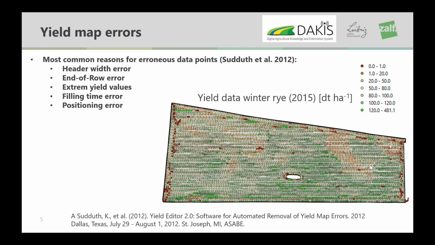Red points represent data points with low yield values. Green points represent data points with high yield values. There are a lot of different errors: header width error, end of row error, extreme yield values, filling time error, and positioning error. This is the reason we have to use different filters to clean the yield maps from erroneous data points.